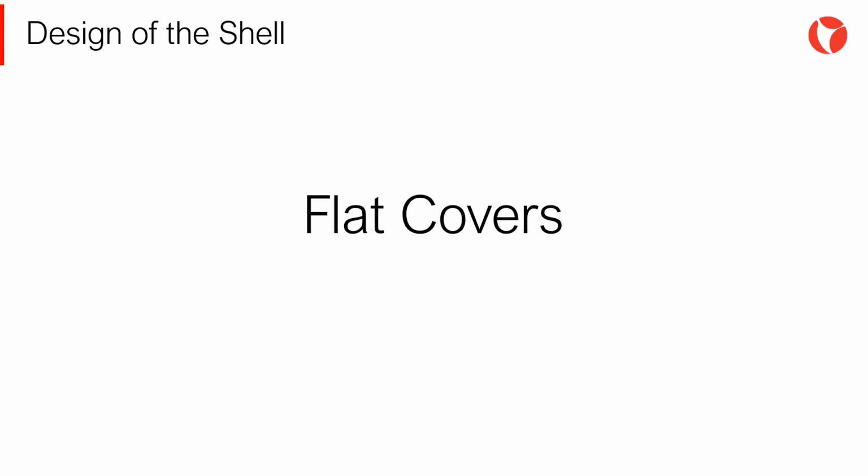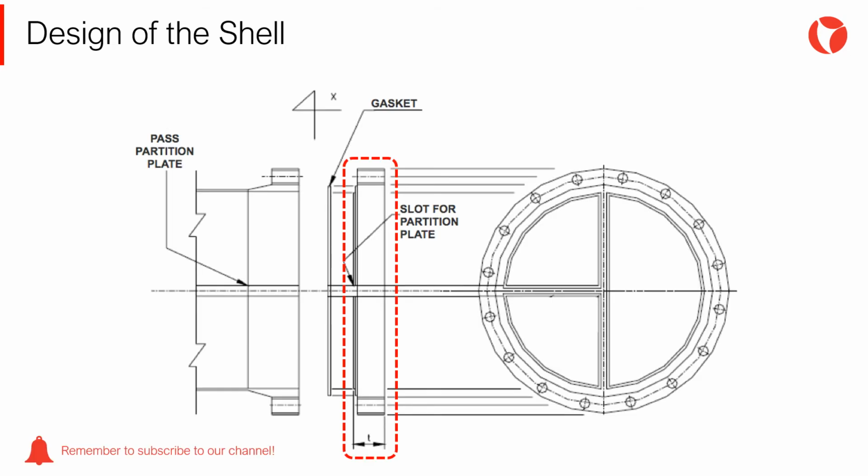Generally, flat covers are tailored for each shell and tube heat exchanger. Blind flanges can be used in some cases, as long as the dimensions coincide with those of the exchanger. Rare occasions, actually. Both the ASME Section 8 Division 1 code and the TEMA code include procedures for calculating the thickness of a flat cover.